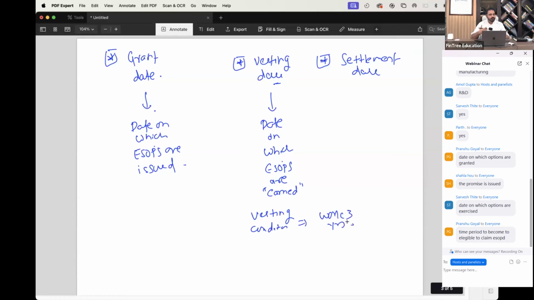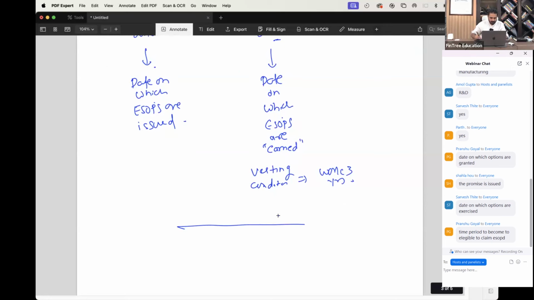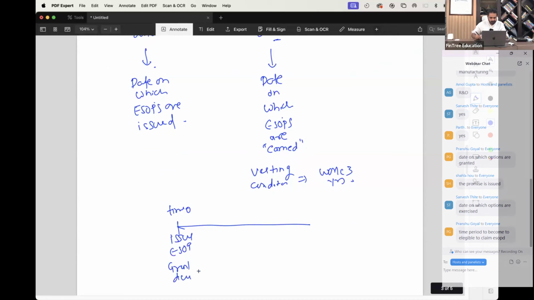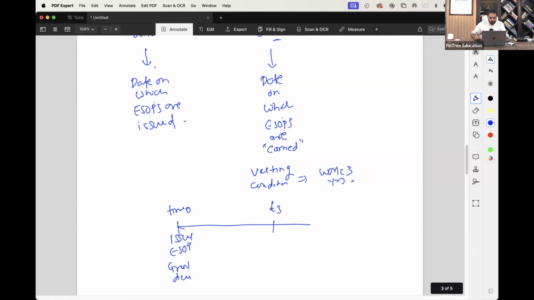This is called a service based vesting period. Let's assume that this is time 0. This is where I issue ESOPs, so this becomes my grant date. If the employee works for 3 years, so this is time 3, this becomes the vesting date.